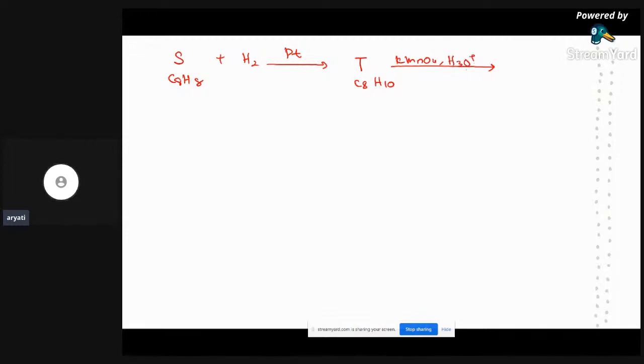Hydrolysis mesti air berasid, kemudian dipanaskan, so dia akan produce U. Okay. The reaction of S with hydrogen bromide, so S react with HBr, so dia akan produce V.